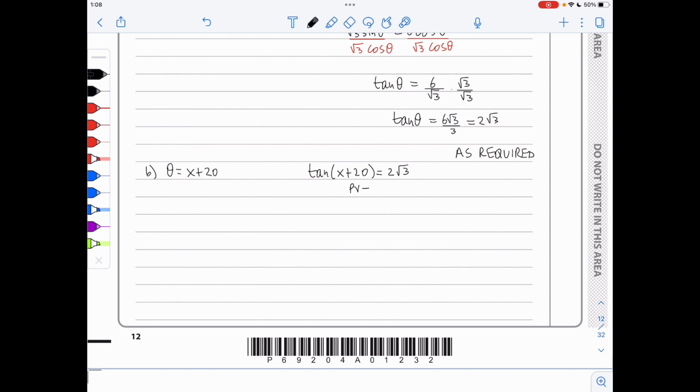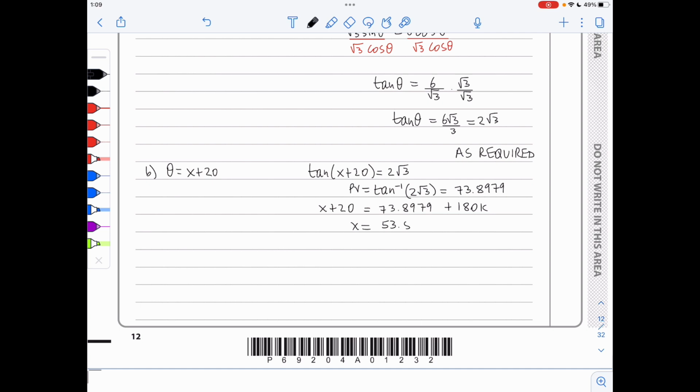So my principal value is shift tan of 2 root 3, which turns out to be 73.8979. And therefore x plus 20 is 73.8979 plus 180k. I will deduct 20, so I'm leaving x on its own.